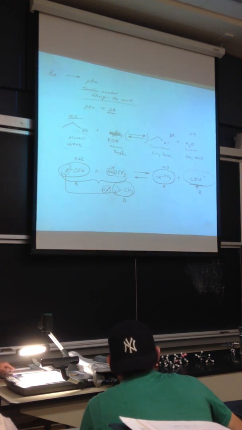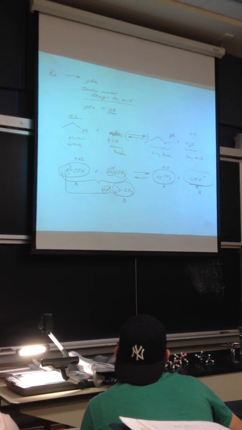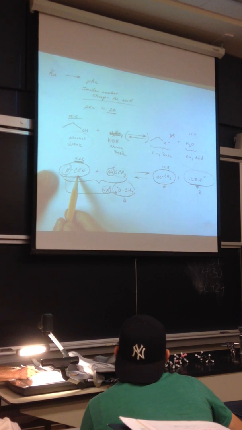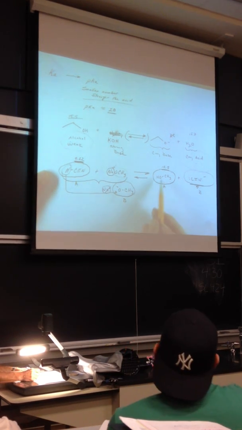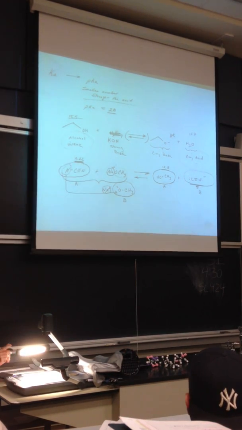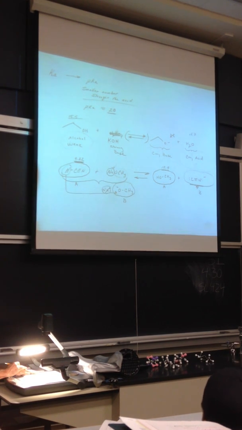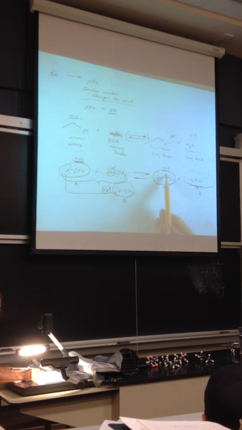So now I'm looking at this and asking, which one's the stronger acid out of these two? This one's a stronger acid. And it's not just by a little bit, because the pKa, just like the pH scale, is a logarithmic scale. So for every point down it becomes a 10-fold stronger acid. So this is a much stronger acid than this is.